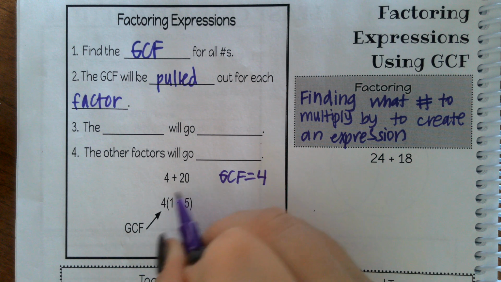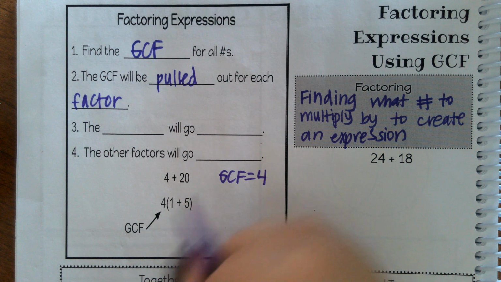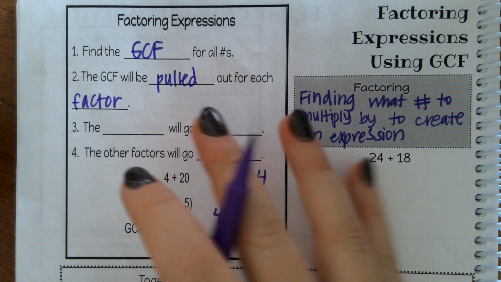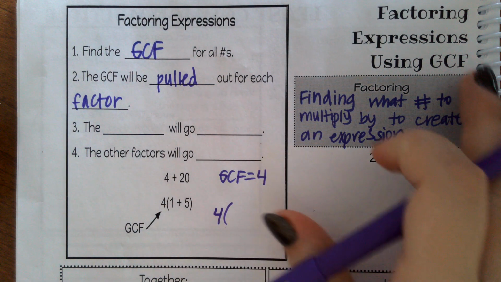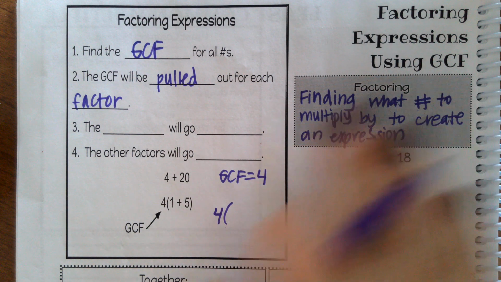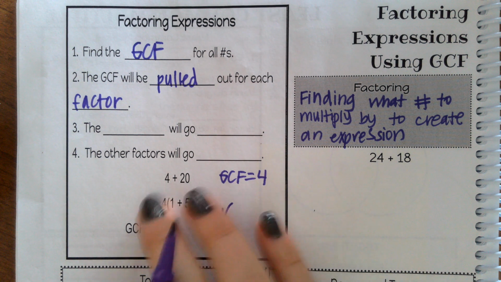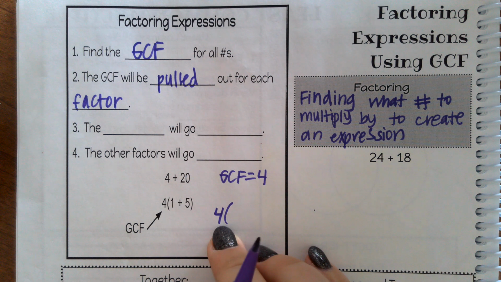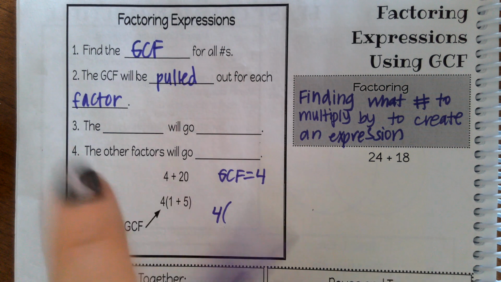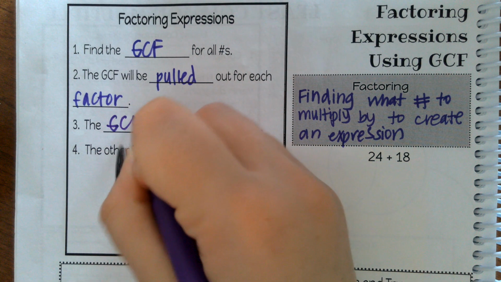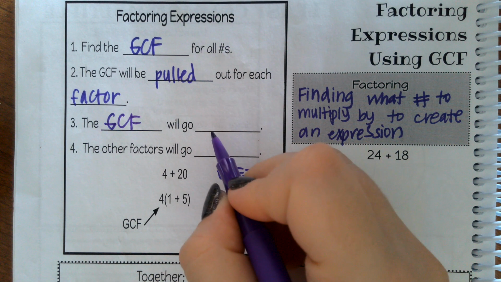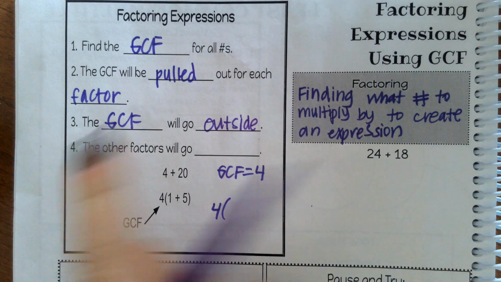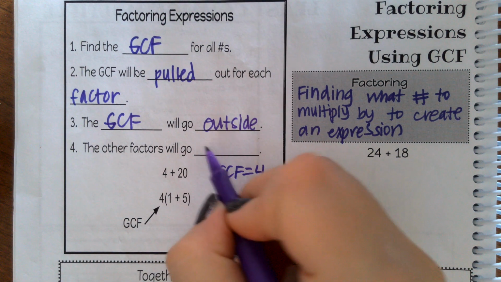So what it's going to look like is you're going to pull the 4 out, and you're going to have parentheses. When you're doing factoring with GCF, you're always going to have parentheses. So you're going to pull the 4 out, and then the GCF will go outside. So that's what the 4 is doing out there. We'll go outside of the parentheses, and the other factors will go inside.